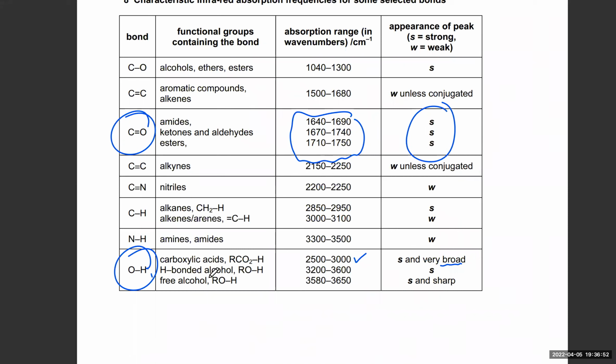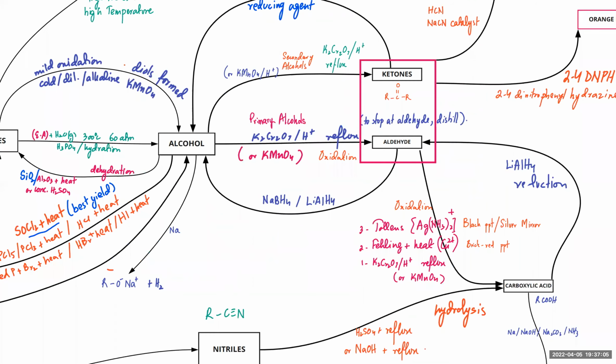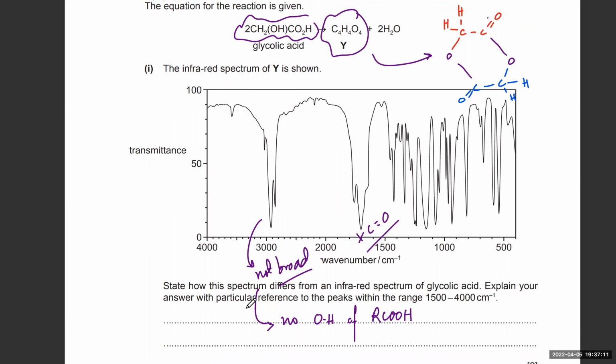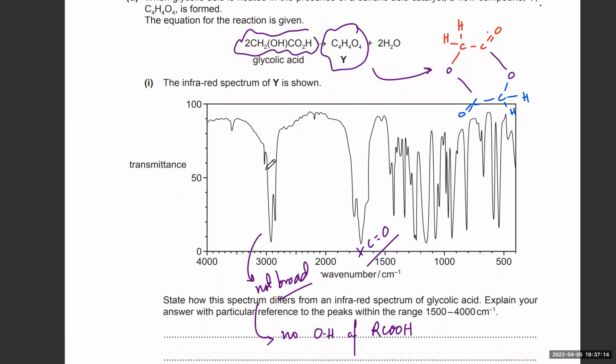And you're also going to get an absorption in the 3200 to 3600 range. That would belong to an alcohol. And it's going to be strong. Now, in this case, again, there is no absorption in the 3200 range. So that is how it's going to differ. That's the main difference. Clear?